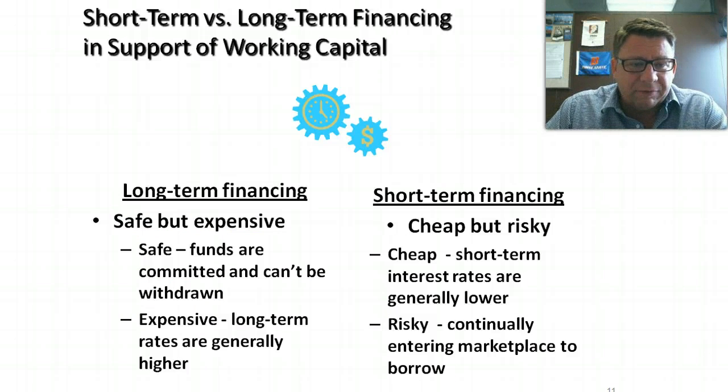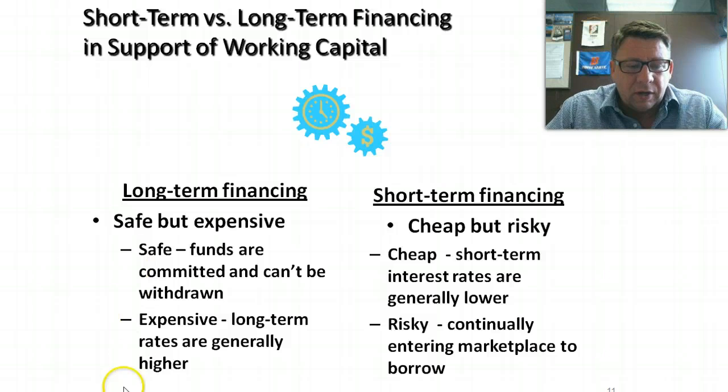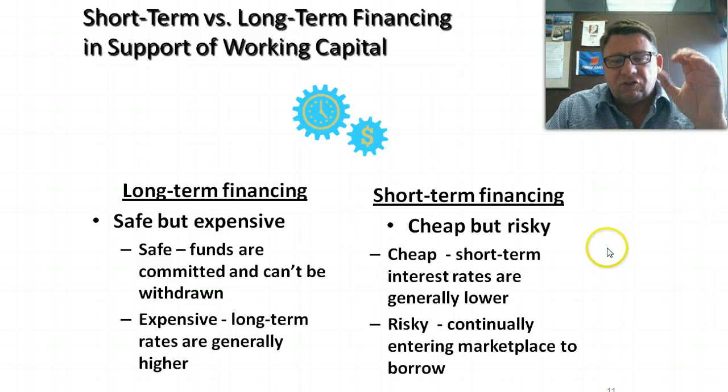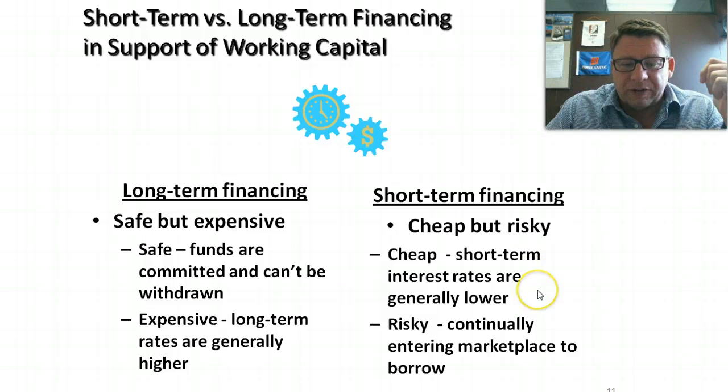Let's look at some differences between long-term financing and short-term financing. Long-term financing is safe. The funds are committed. They can't be withdrawn, but usually long-term financing has higher rates. Short-term financing is cheap but has more risk to it. The short-term rates are usually lower.